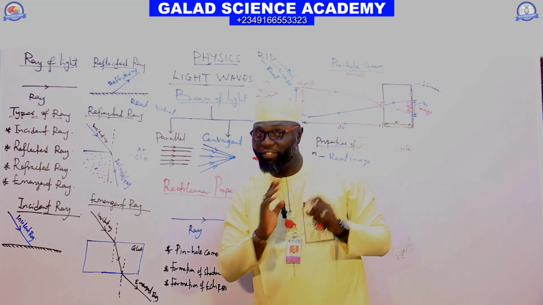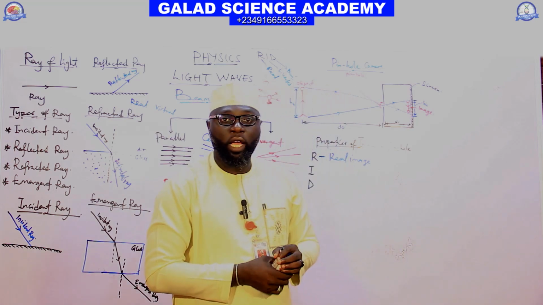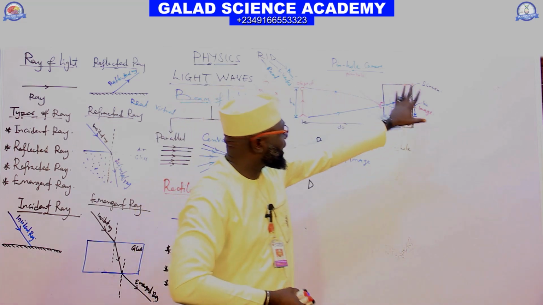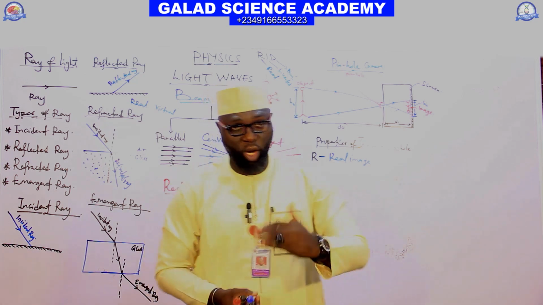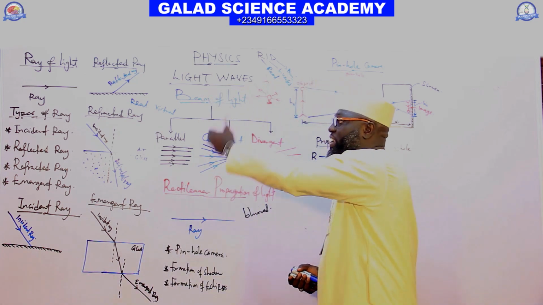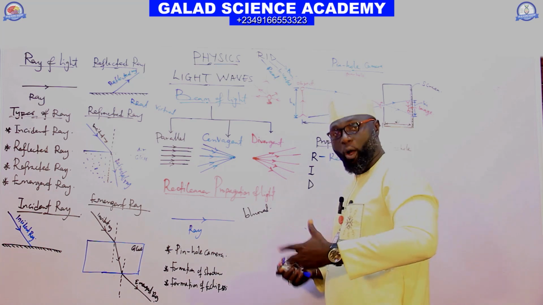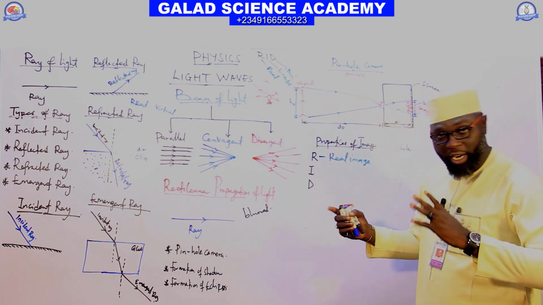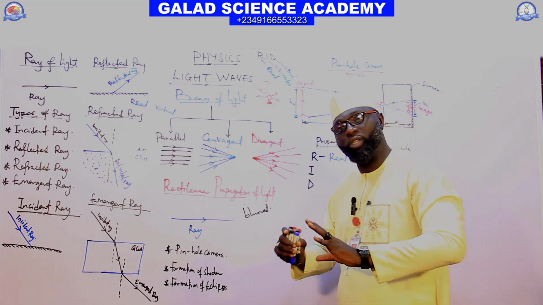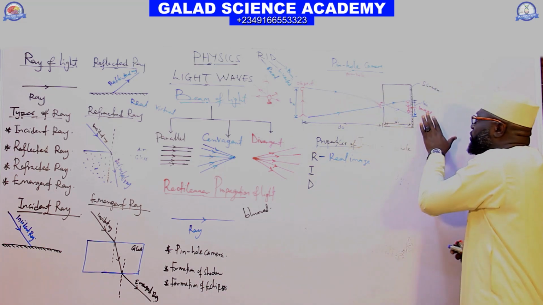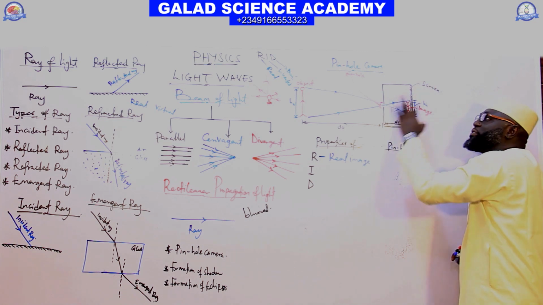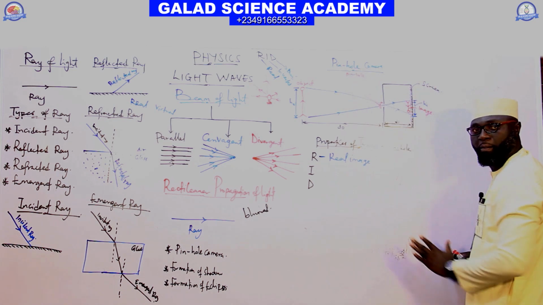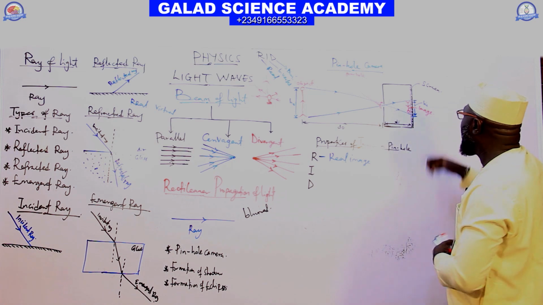That's the basic difference between the real image and the virtual image. The real image, you can see it on the screen, but the virtual image, you cannot see it on the screen. When we get to the reflection of light, I will explain the real image and the virtual image in detail. But this image forms on the screen here, therefore the image we have in the pinhole camera is real.